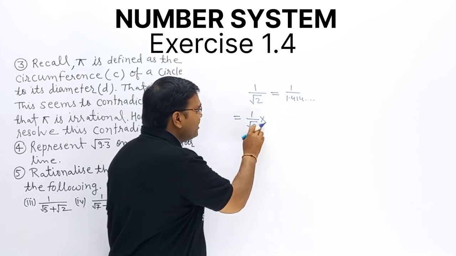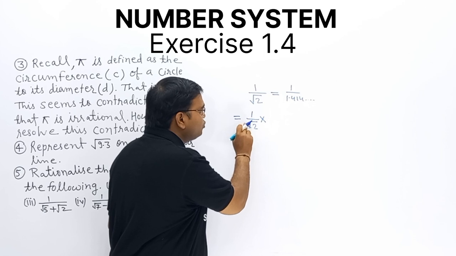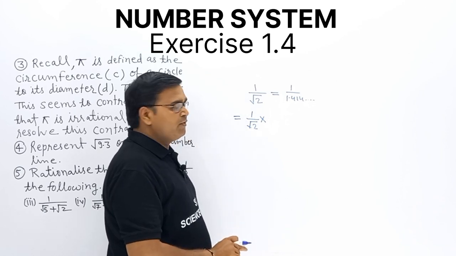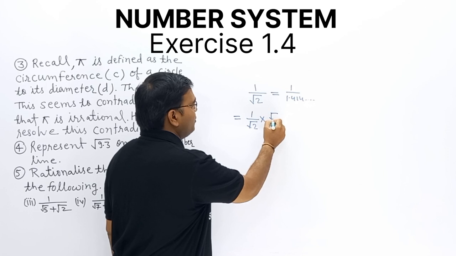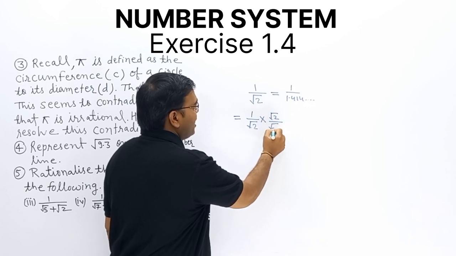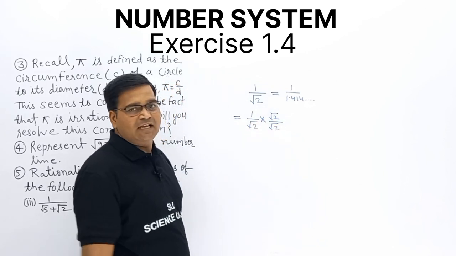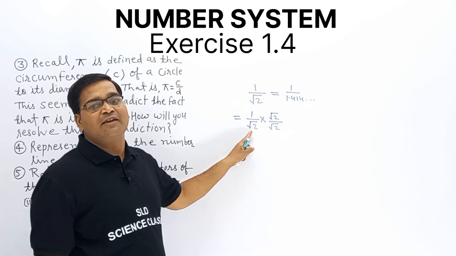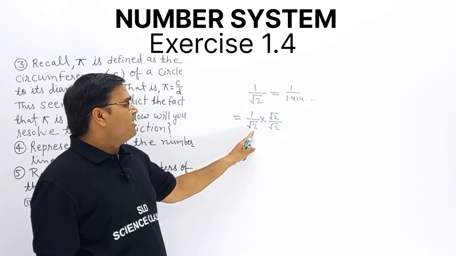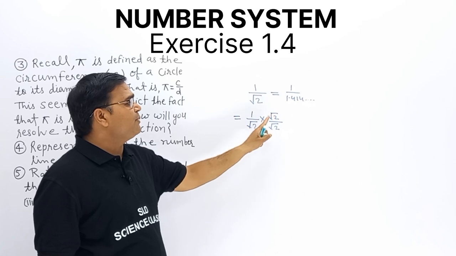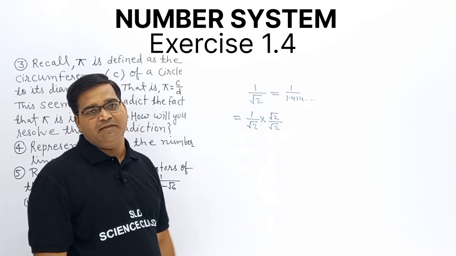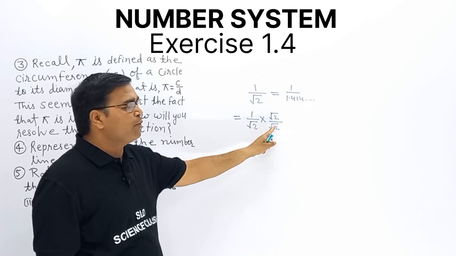In the denominator we have root 2, so we multiply and divide by root 2. To remove this root 2, this radical sign, we multiply and divide this number by root 2, so we are doing root 2 upon root 2.